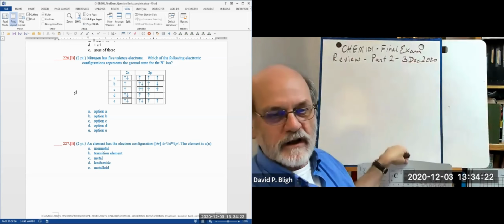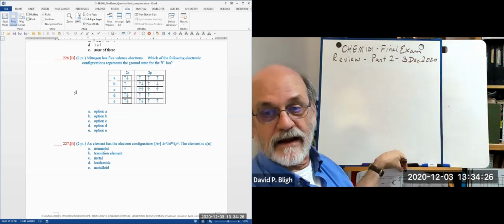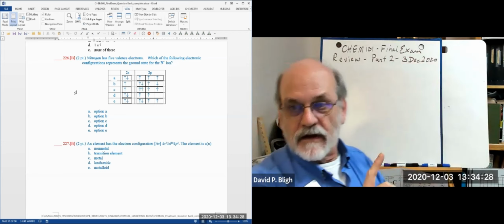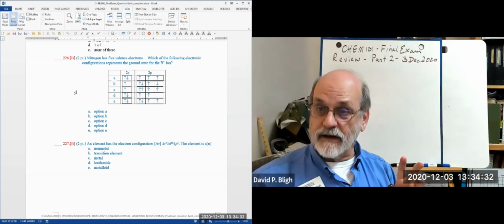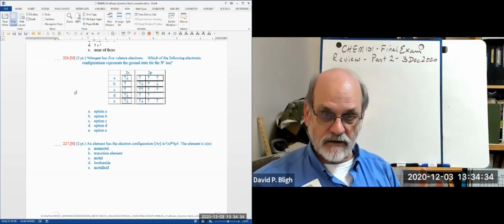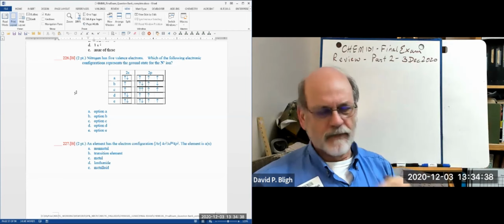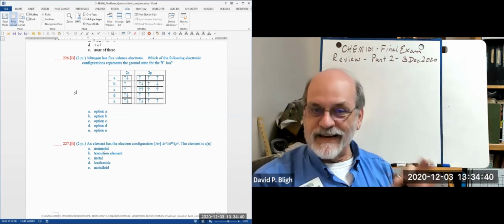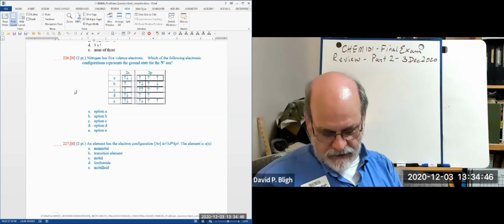Which of the following electronic configurations represents the ground state for N minus? If it has 5 valence electrons as a neutral atom, when we add 1, now it has 6 electrons in its valence shell. N minus means we have 6 electrons that have to be dealt with.